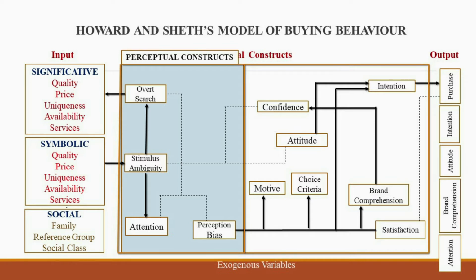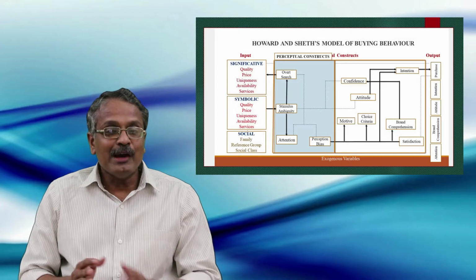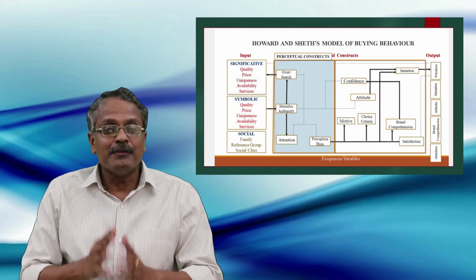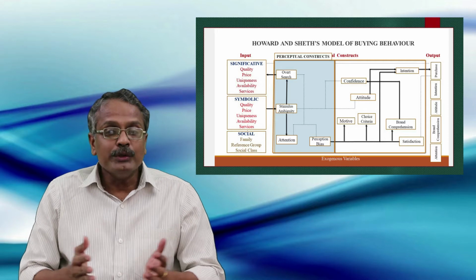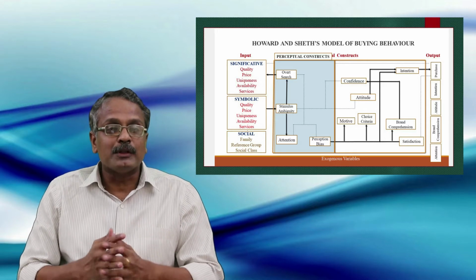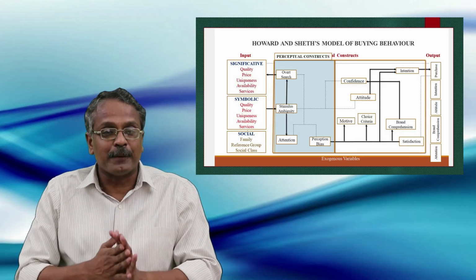We can start with the stimulus ambiguity because the input variables, symbolic stimuli, are connected to stimulus ambiguity. We have already understood that the symbolic variables show how the information and cues about the product are understood by the consumer.